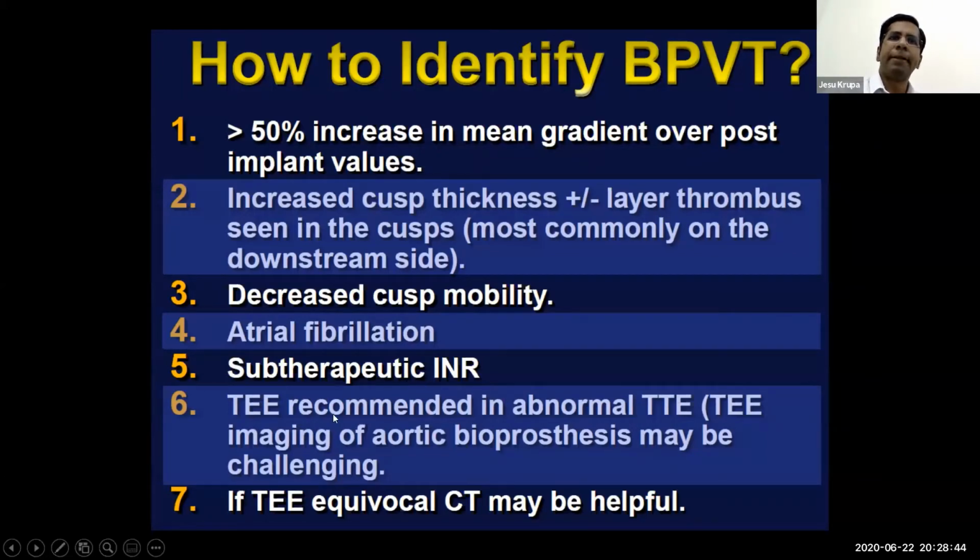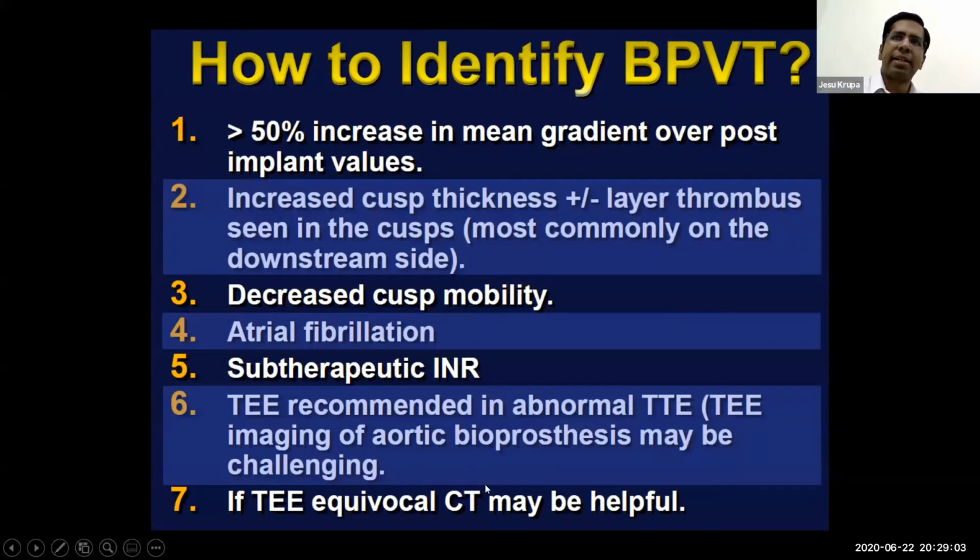TEE may be recommended in those with abnormal findings, like in the case that we just saw. In the previous TAVI case I showed you, even CT may be useful. So CT and TEE are extremely useful for bioprosthetic valve thrombosis.